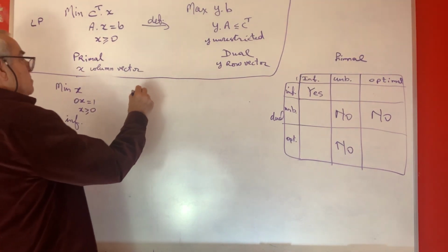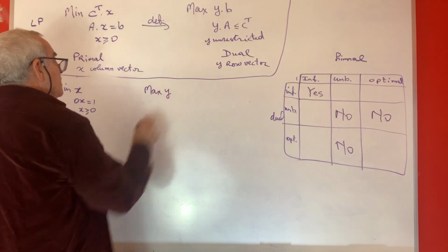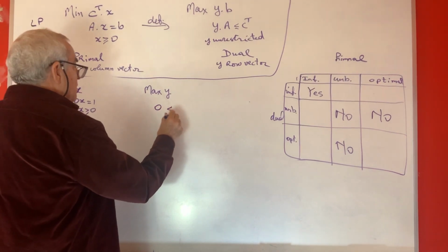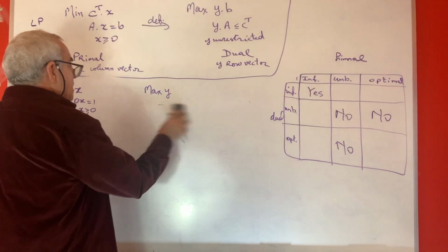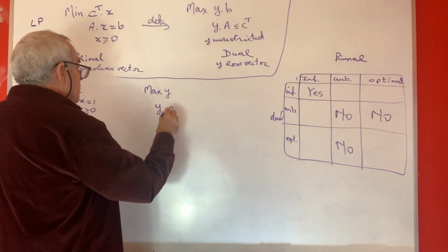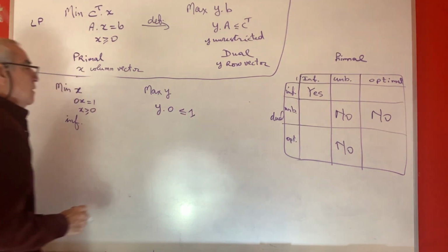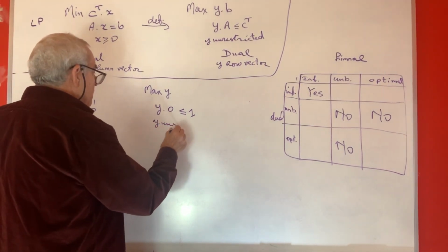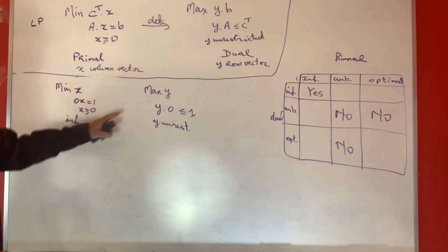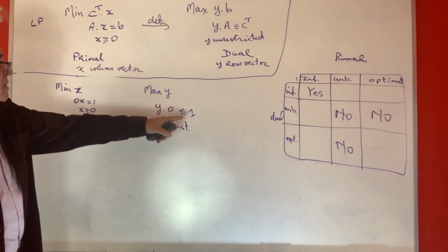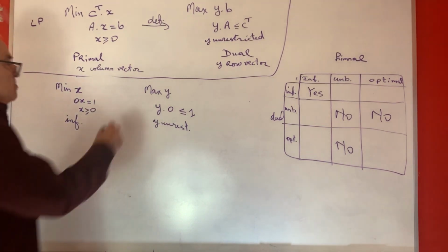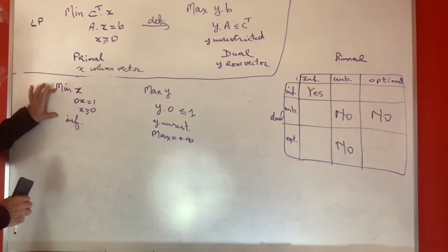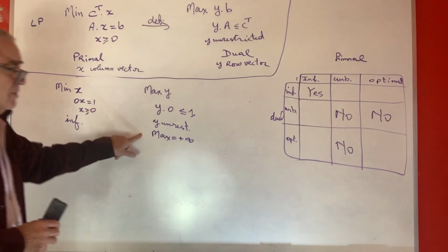And the dual of this is maximize y, it's 1 here, subject to y times 0 less or equal to 1, and y unrestricted. Well, this inequality is trivial, 0 is less or equal to 1. So any y is feasible. So this max is equal to plus infinity. So here I have a case of a primal infeasible and the dual is unbounded.